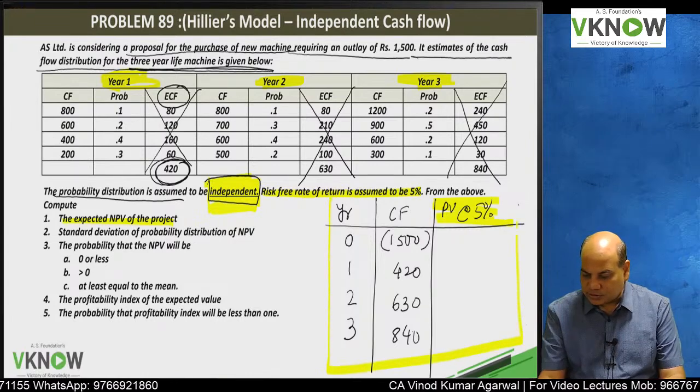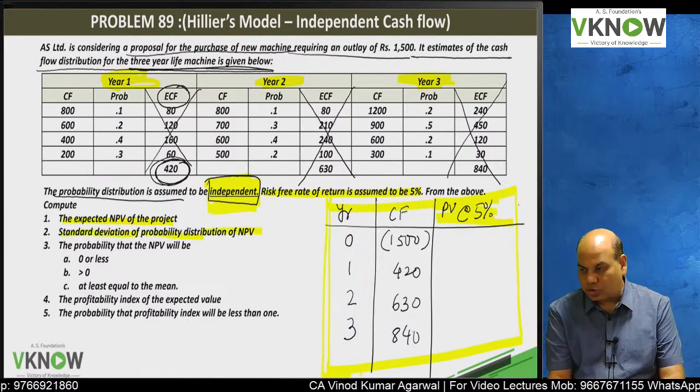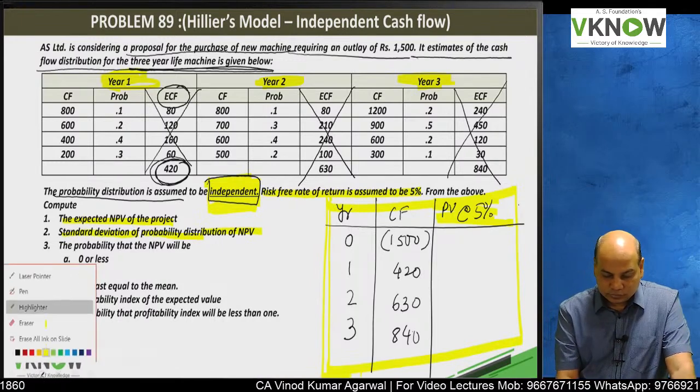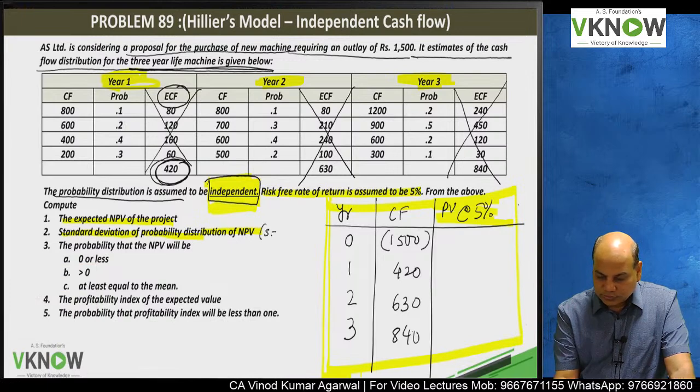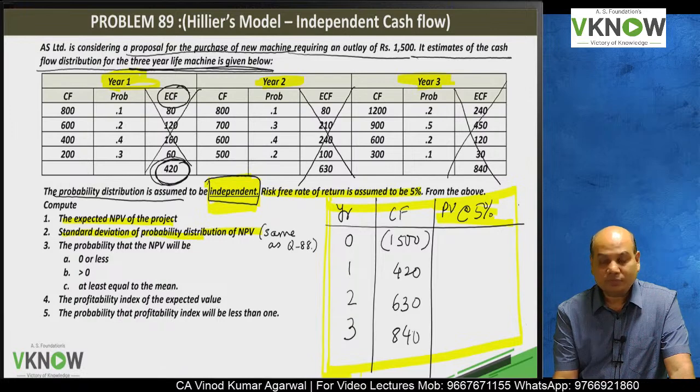This is my first answer. Expected NPV. Standard deviation of probability distribution of NPV. Like the previous question number 88. This is same as question number 88.